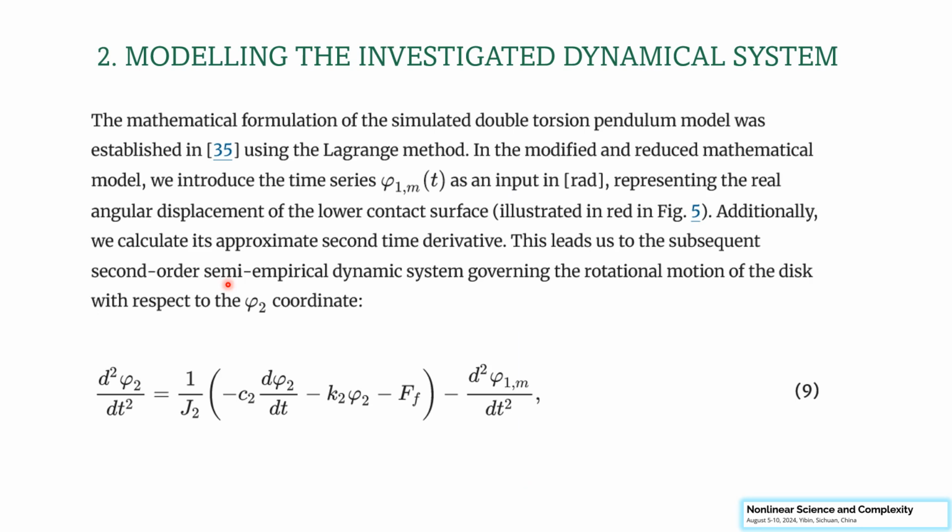Equation 9 shows the mathematical model of dynamical behavior of the disk, of which angle is phi2. Inputs to the system are acceleration of the column from below, friction force between them, elasticity force, and damping force here.